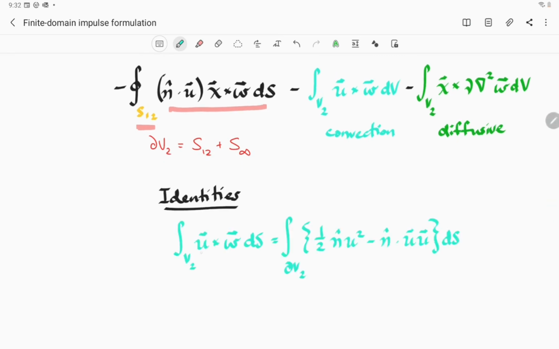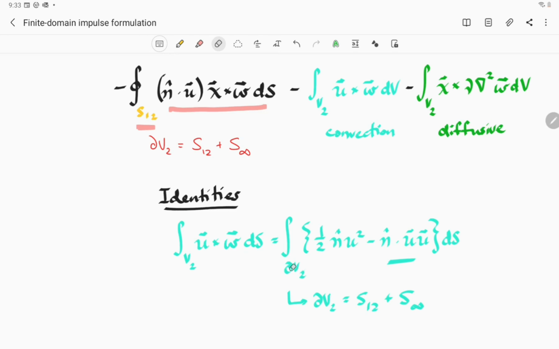So the first is this one. So that Lamb vector integral is related to a surface integral involving a flux term here and another term involving the square of the velocity. And for time, I'm not going to prove it, but because we have all the vorticity contained inside of S infinity, even though this boundary of V2 comprises both S12 and S infinity, this integral over S infinity is going to be 0.